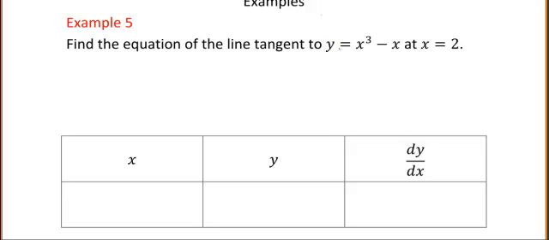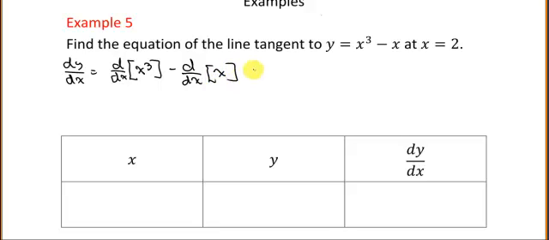Remember, the derivative tells us the slope of the tangent, so the derivative of y with respect to x is going to be the derivative with respect to x of x to the third minus the derivative with respect to x of x.